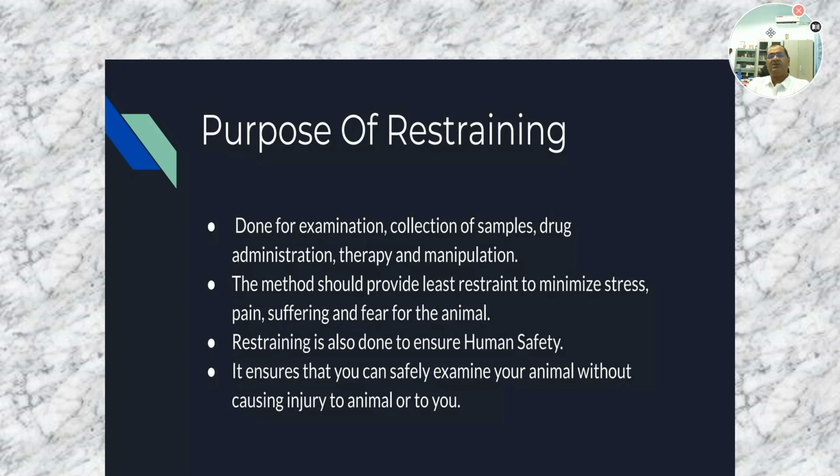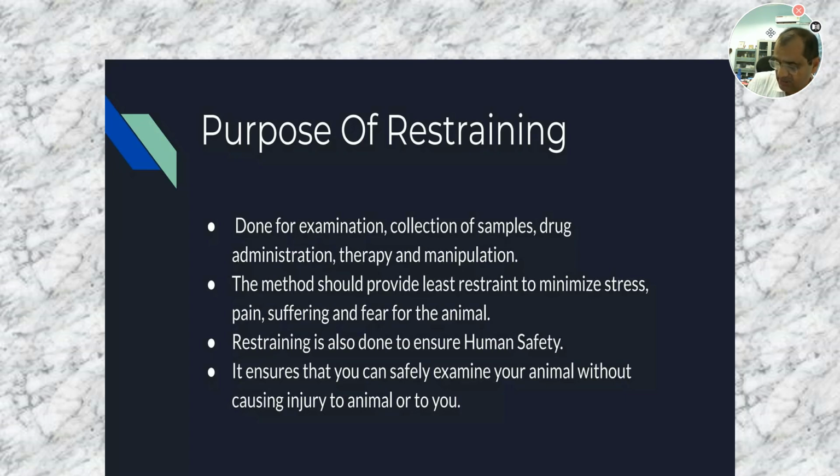The doctor or the owner should always have very minimal injuries or should never have injuries, and proper restraint of the animals is very much required because the animals do not know that a veterinarian or an owner or an examiner is going to do a beneficial thing to that particular animal.